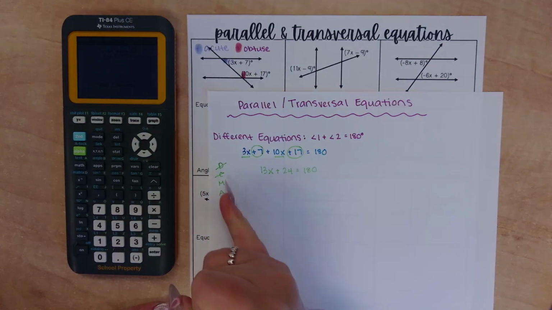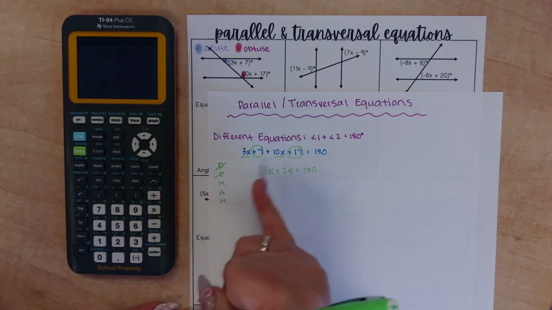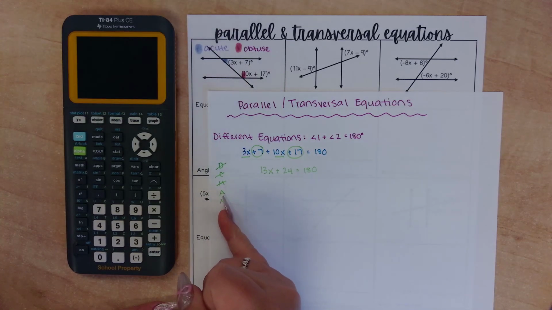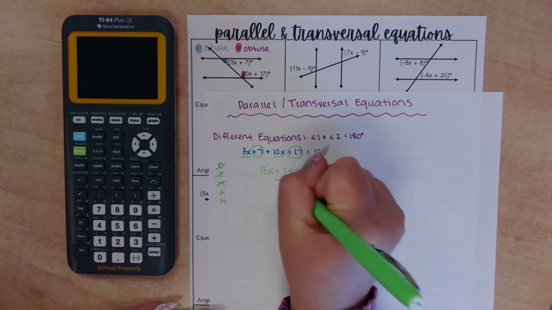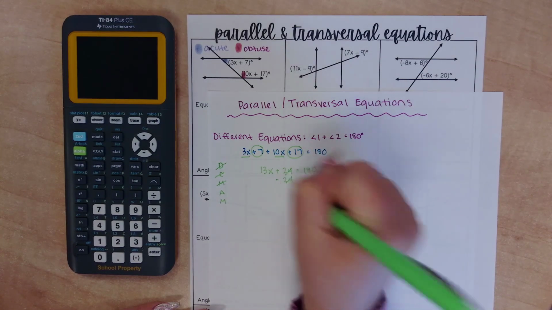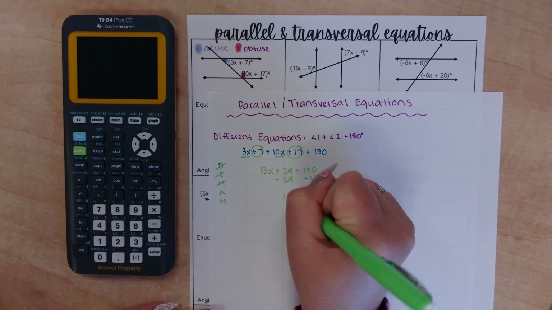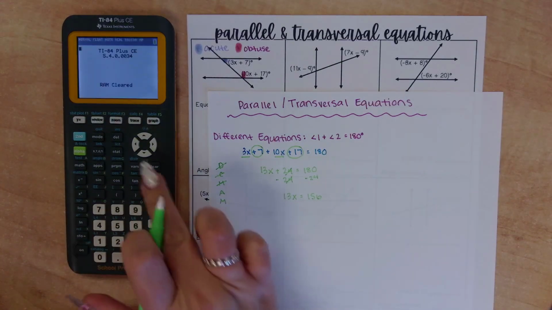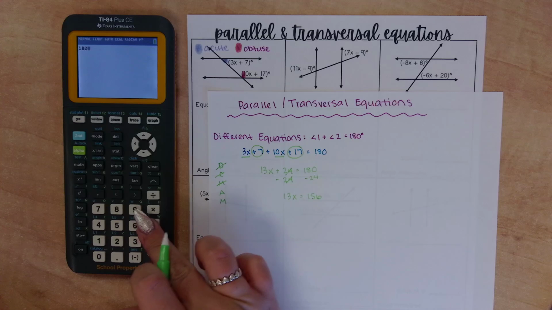Done with that. I do not have a variable to move because there's not one on either side of the equal sign. I do have a constant to add or subtract. I need to subtract over this 24. So 13x equals 156. If you want to double check that, you're always more than welcome.